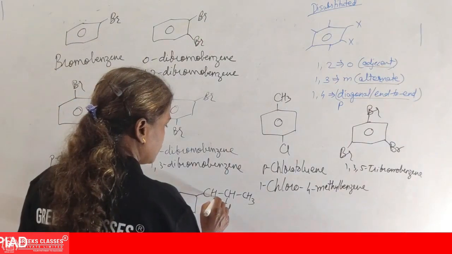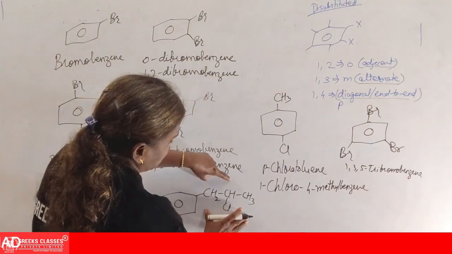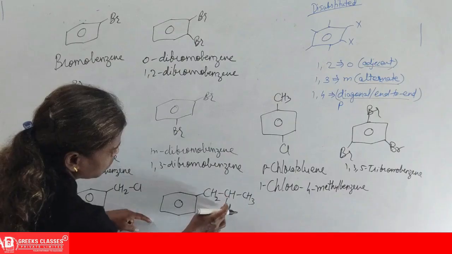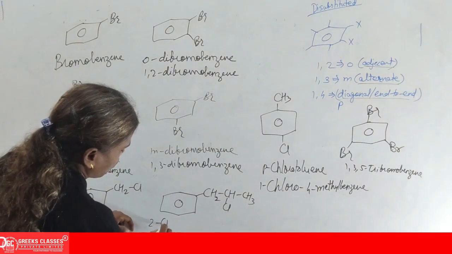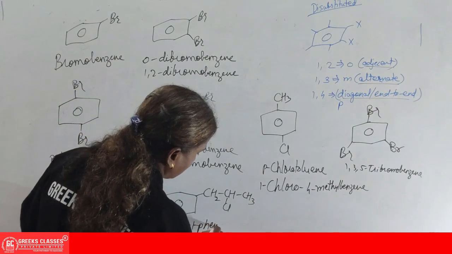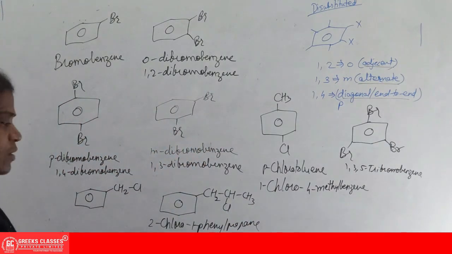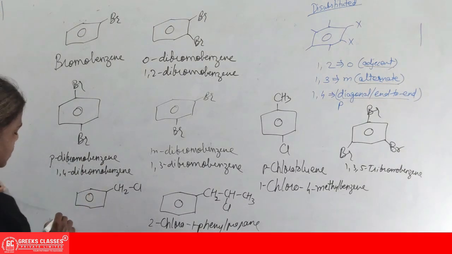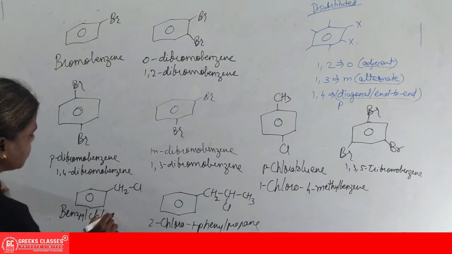Here carbon number 2 is, this is actually a propyl group, and propyl carbon number 1 is taken by the aromatic ring and carbon number 2 is taken by chloro. Alphabetically chloro comes first, so it is 2-chloro-1-phenylpropane. Clear? Okay, and this one I have already given you the name for, that is benzyl chloride. Hope it is clear to you now.